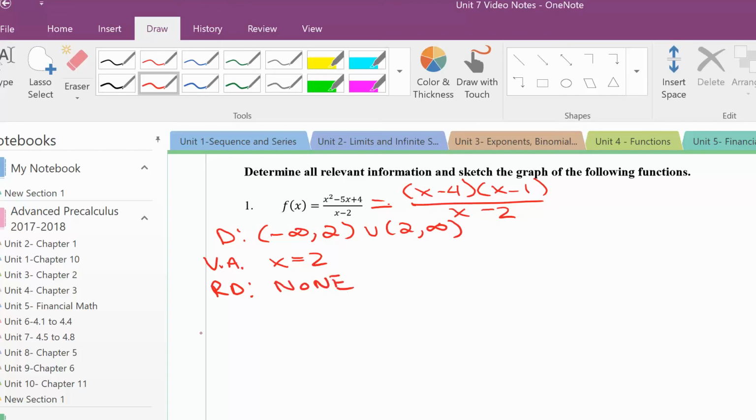The limit as x approaches vertical asymptotes, so for example, the limit as x approaches 2 from the left of the function. What you're going to do to figure this out is put in a number that is smaller than 2, for example 1.9, almost 2 but not quite.